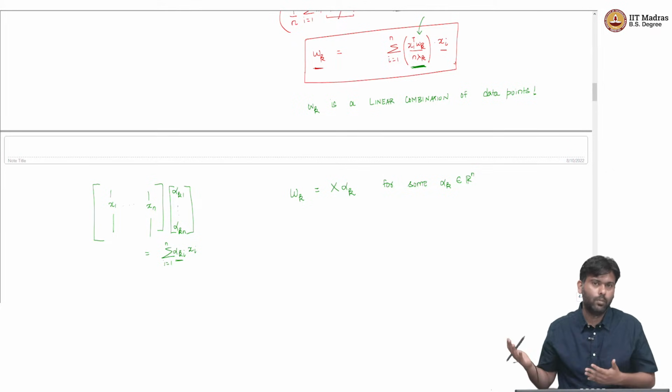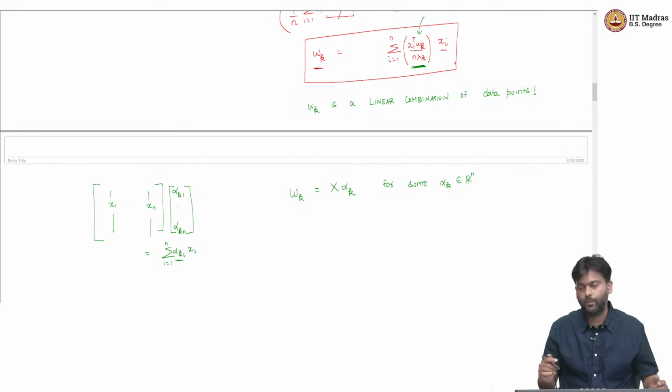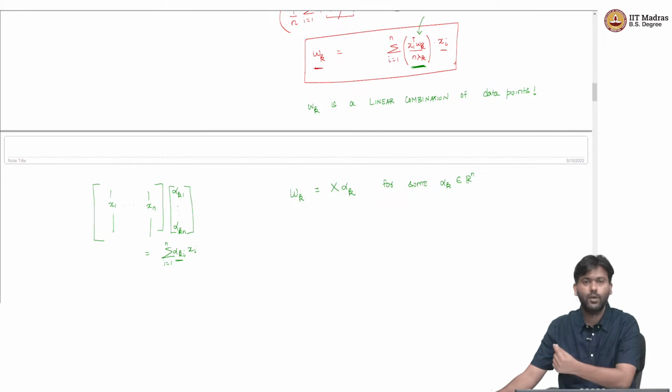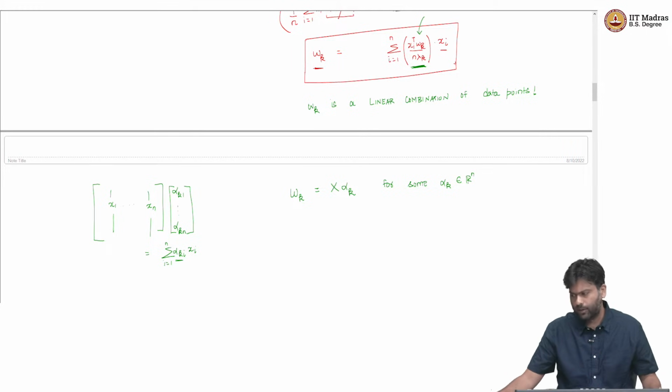So if I can get these alphas, then I am done, and there is an alpha k for each k. Remember that, because for each wk there is a different set of weights. You have to combine the data points differently to get our wk's.